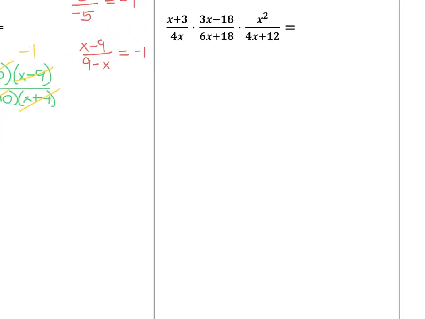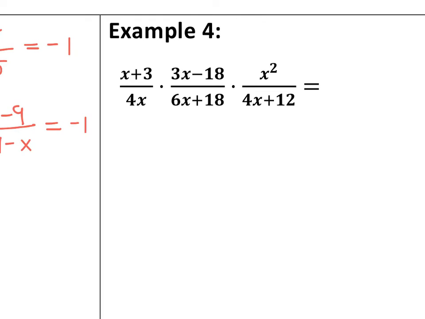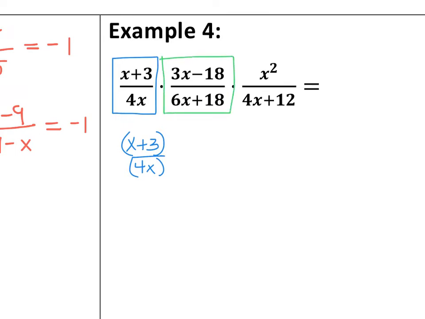Okay, let's take a look at another example. This time we're going to find the product of 3 rational expressions. The first rational expression, I'm going to put it in blue, cannot be reduced in any way. So I'm just going to rewrite it. And the second one I'll put in green. In the numerator, I can factor out a 3.